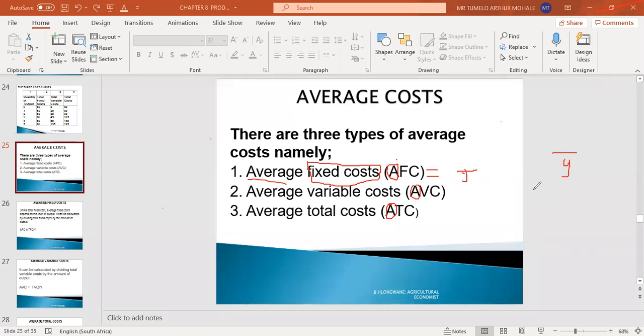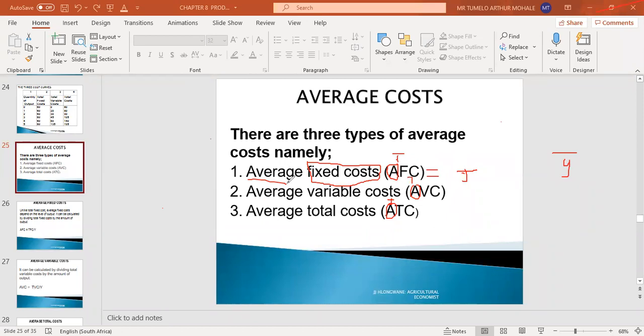We are dividing by Y. You remain with FC here, you remain with VC here, you remain with TC here. So you can add T where you see A, you substitute T. Here you don't need to substitute T because you will have total cost.